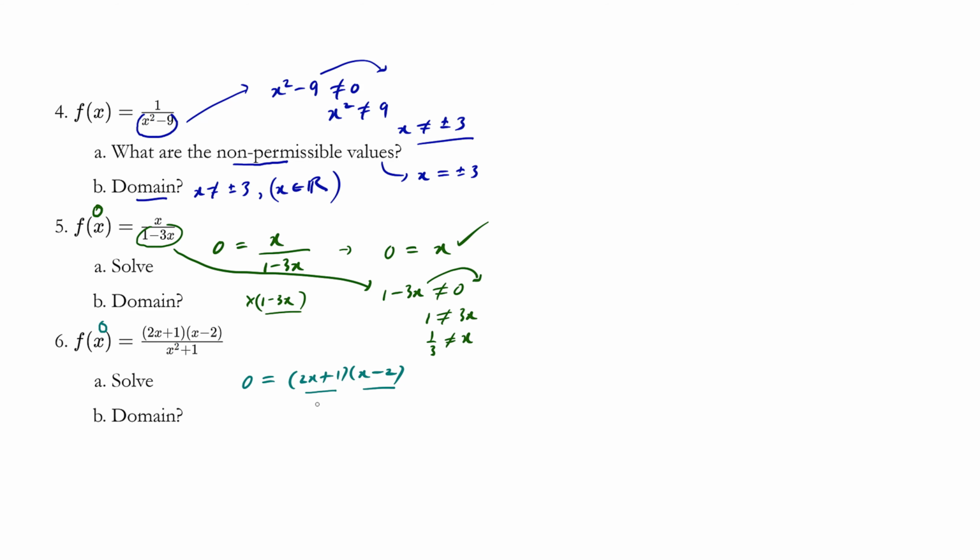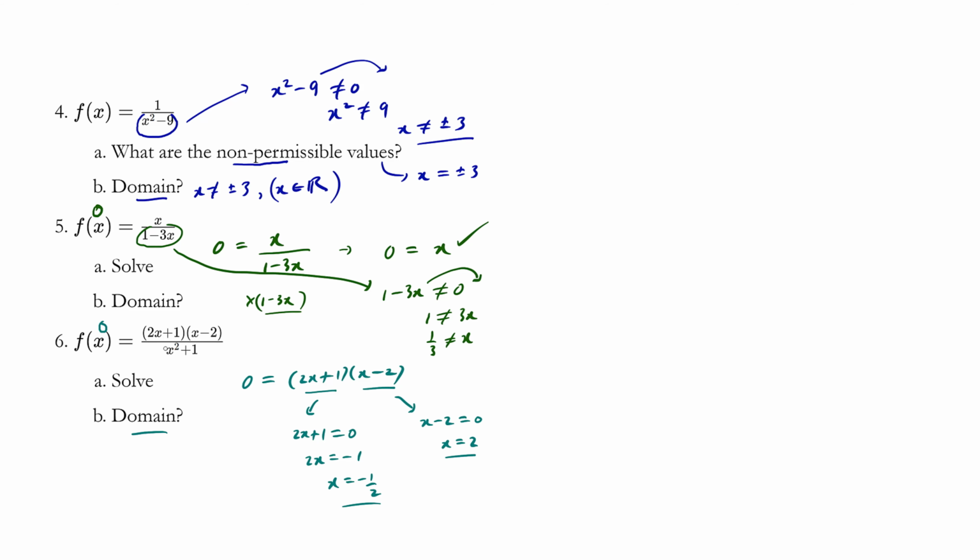So this reminds me of quadratics. We can state that 2x plus 1 equals 0, because 0 times anything is 0. Furthermore, we can say x minus 2 equals 0. So just simplifying, we have two possible answers as the solutions.